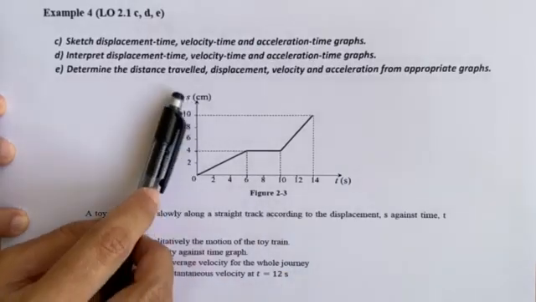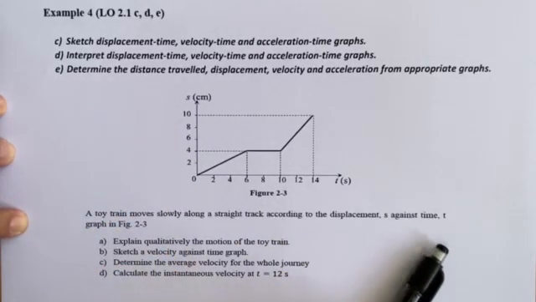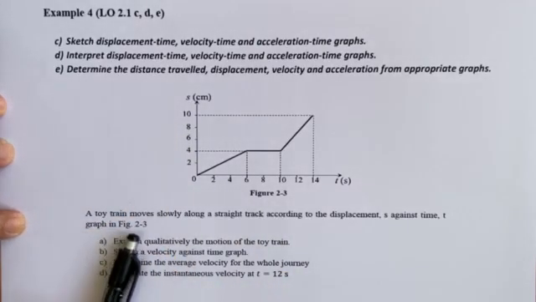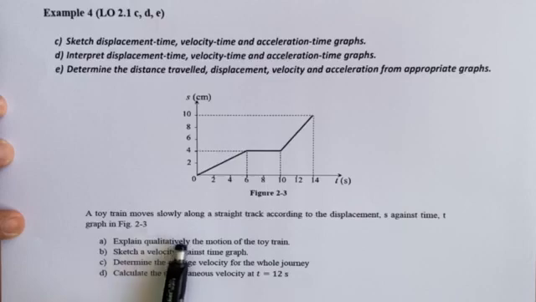So this is a displacement S against time T graph in figure 2.3. Question A, explain qualitatively the motion of the toy train. So you ought to explain what is going on in the motion.